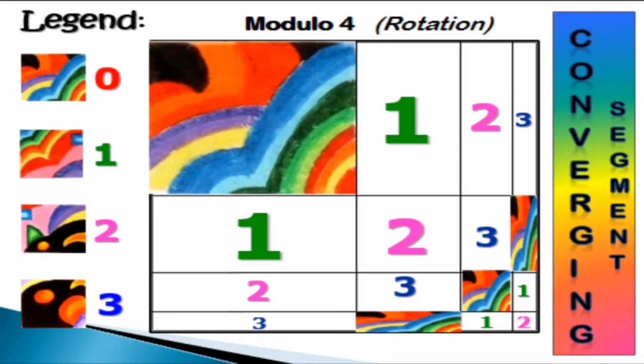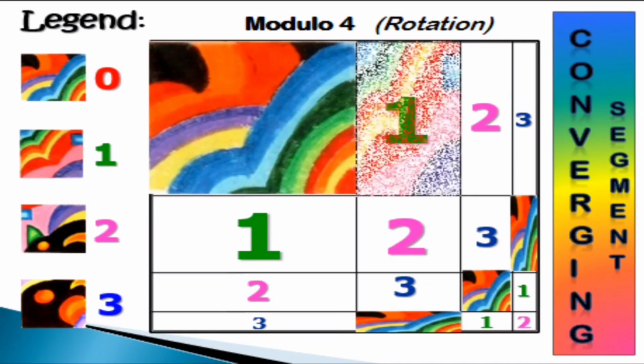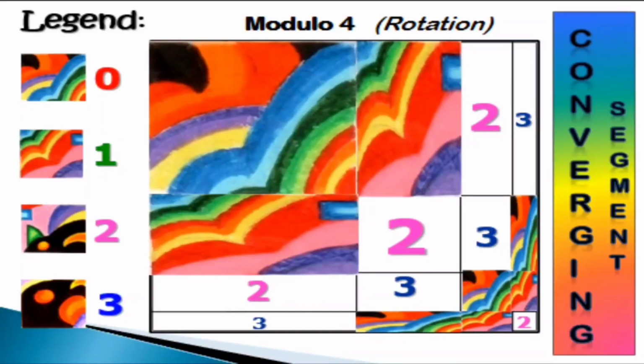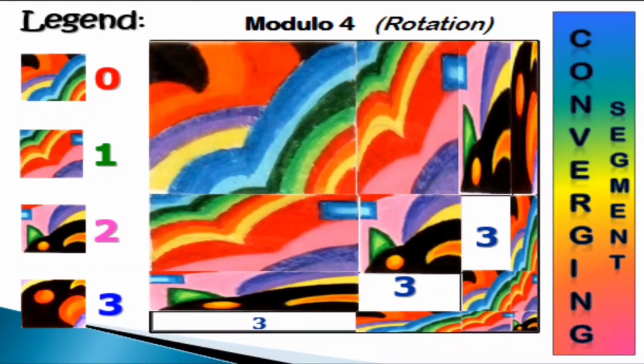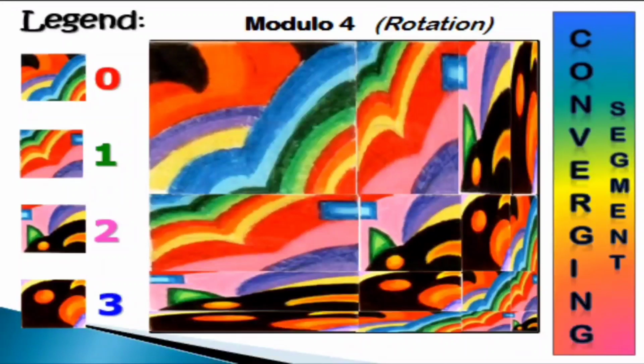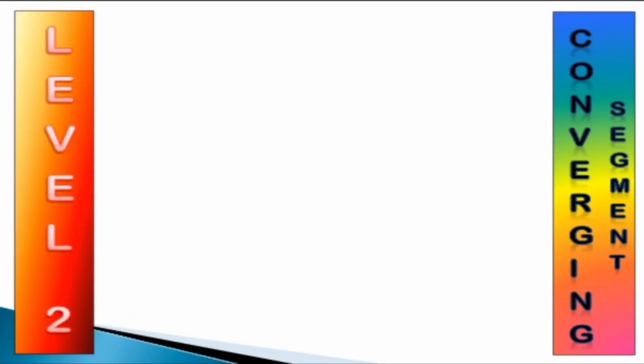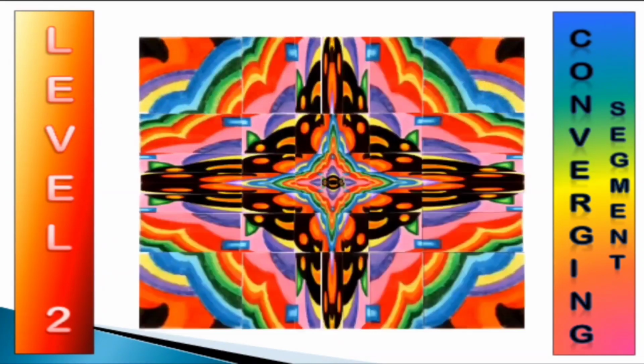Next, let us use legend 1, legend 2, and legend 3. Then repeat this process in all the quadrants. So this is now the final look of our modulo art.